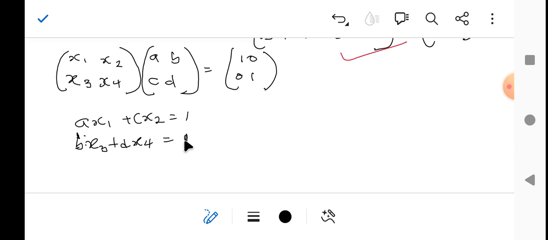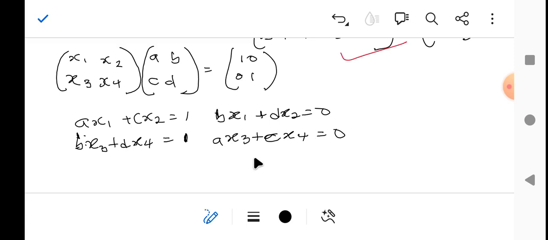The dx4 element is going to be 1 also. Then check this other element. What are we going to have there? We have b of x1, then here we're going to have plus d of x2. This should give us 0. Then lastly, let's pick the other element, a of x3 plus c of x4. This should give us 0 also.